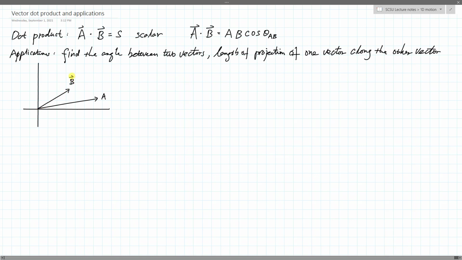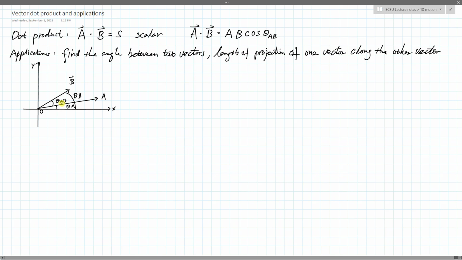So two vectors, with XY coordinates defined the typical way. We also have an origin. This is theta A, and this larger angle is theta B, and the angle in between is theta AB. Okay, this is just a two-dimensional example.